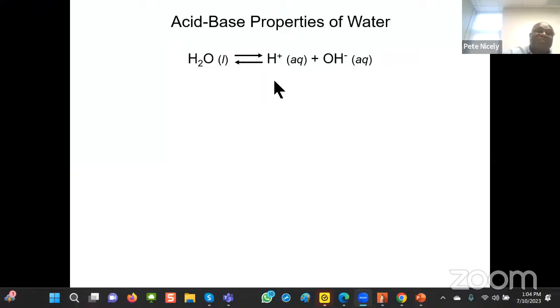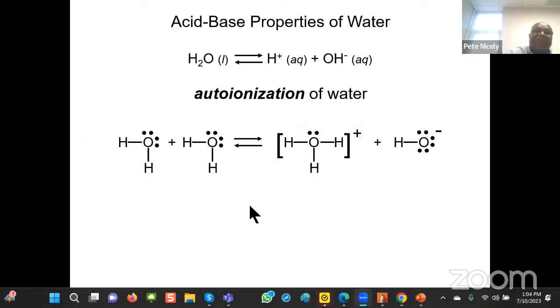So this is the dissociation that will take place in pure water, water breaking up to form H+ and hydroxide ion. The name of this is called autoionization, all right? Autoionization, the autoionization of water. And if you look at it carefully, it's actually an acid-base reaction according to the Bronsted definition. Because what happens is you have two water molecules.